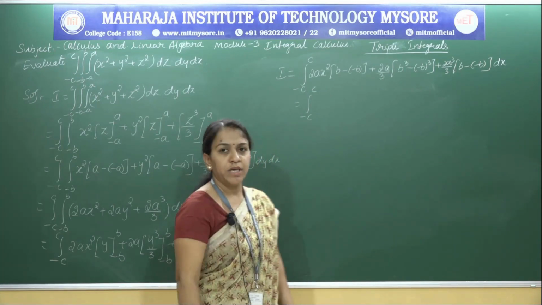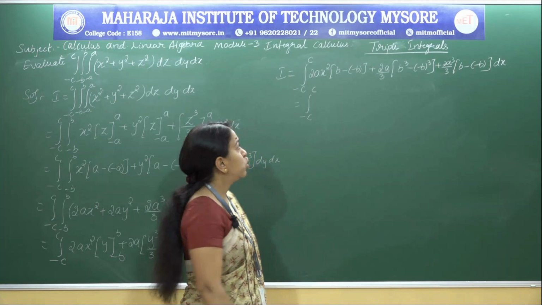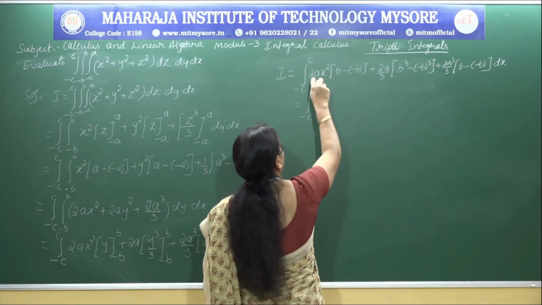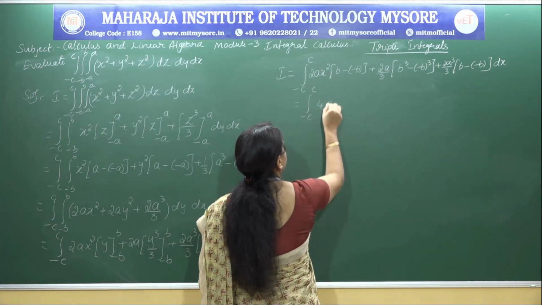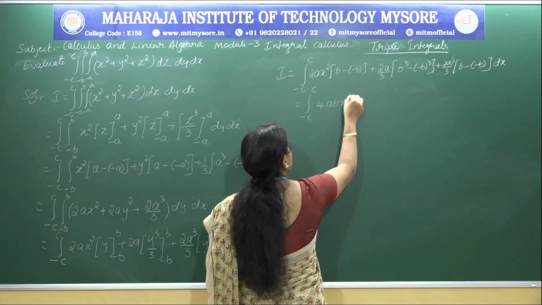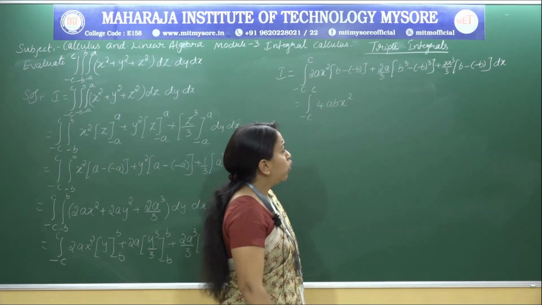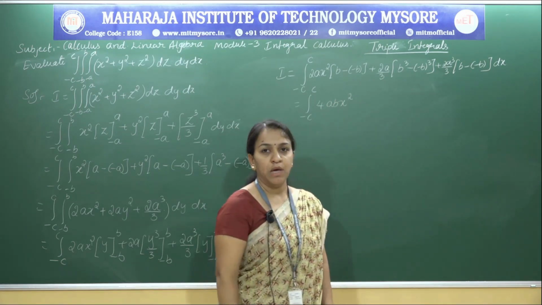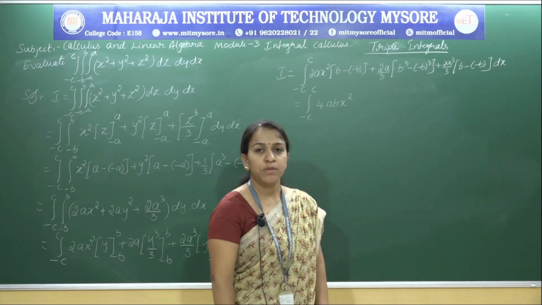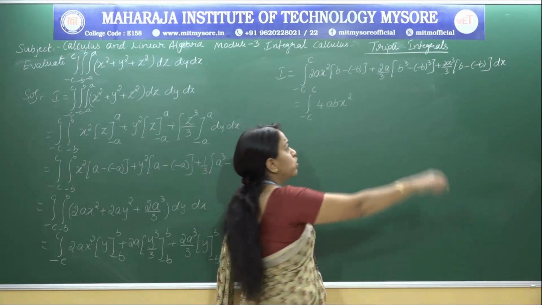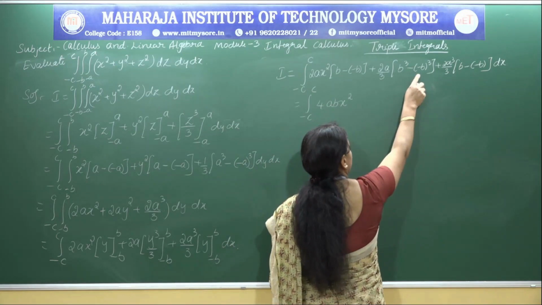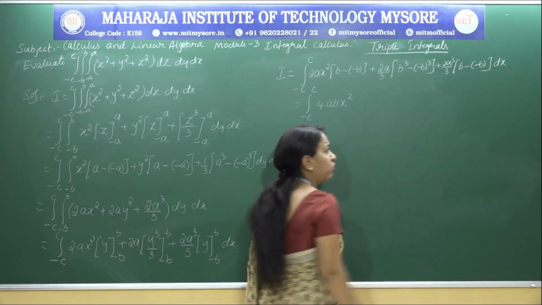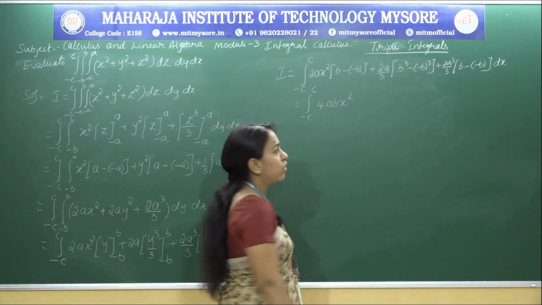So b minus of minus plus b, it becomes 2b. So 2b into 2a is 4 times of ab x square. b cube minus of minus b whole cube. Minus b whole cube is nothing but minus b cube. So minus of minus becomes plus b cube. b cube plus b cube will be 2 times of b cube.